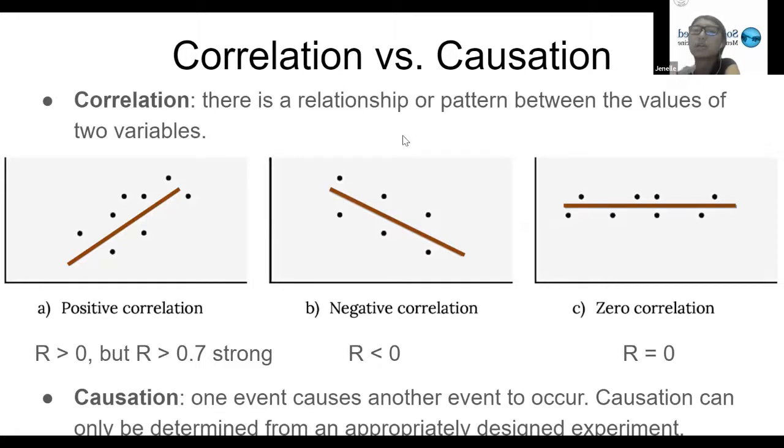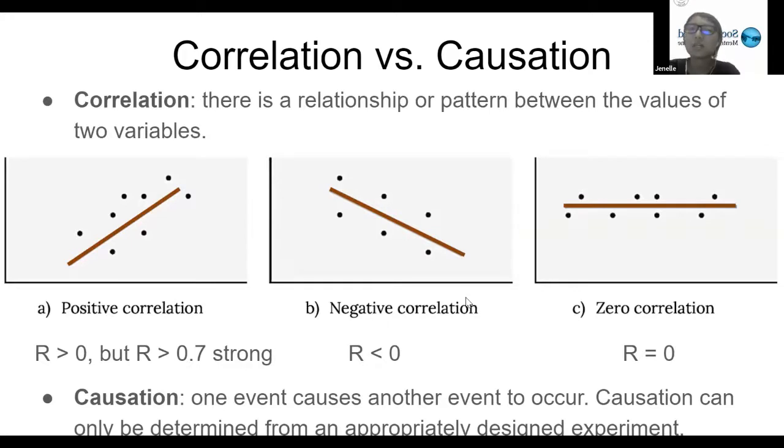When you're doing a controlled experiment, the results allow you to determine causation, meaning one event causing the other one to occur, because you know that all of these other variables are being controlled and the only thing you're changing is the independent variable, and that's causing the change in the dependent variable.